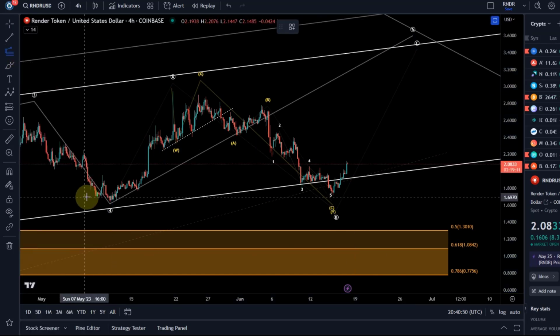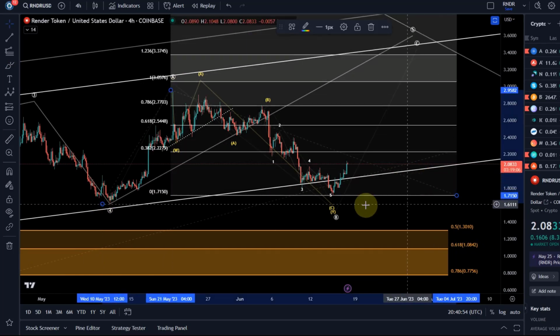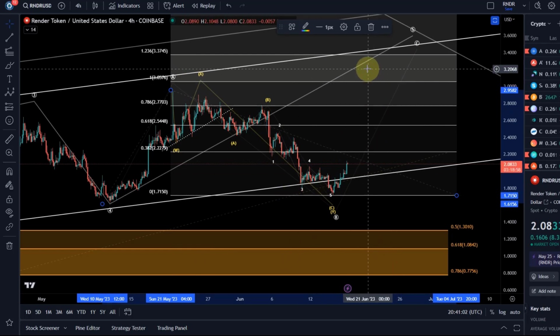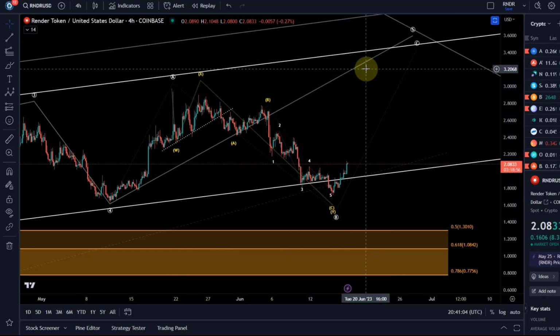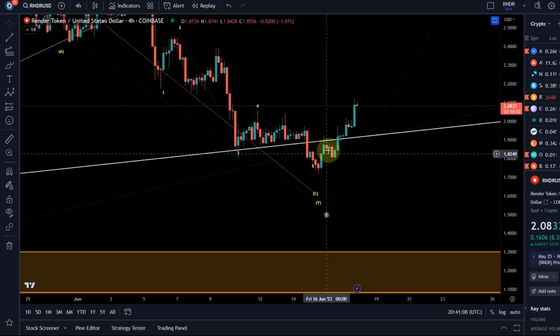Target-wise, we can take the length of the A wave to the low of the B wave. The first target is the 1-to-1 ratio, the 100% extension at $3.05. So this is how this count would develop. I don't have a very detailed idea of what this could be.